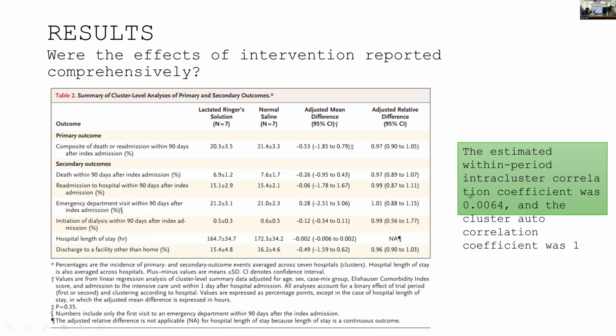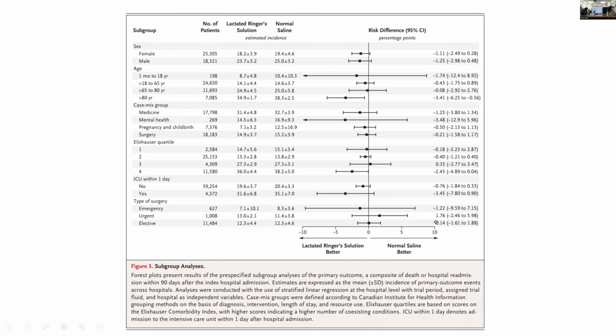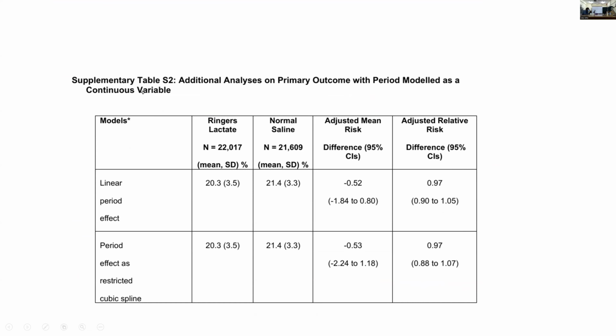For this study, they have got an intra-cluster correlation coefficient of 0.064, and the auto-correlation coefficient was 1. Even if you look at the subgroup analysis, there was no great difference, nothing was majorly significant. This is just to show that they have used period effect in their analysis, and they found nothing significant.